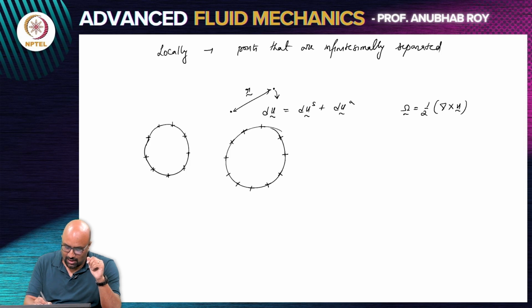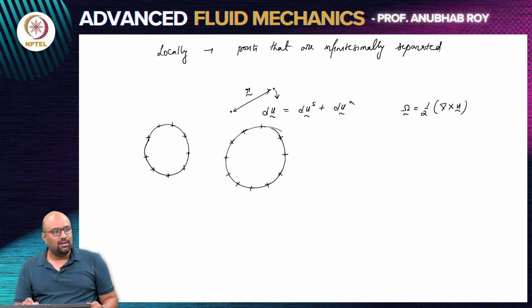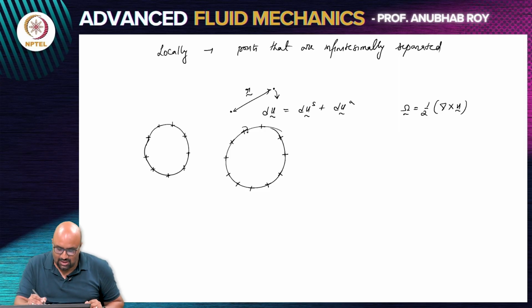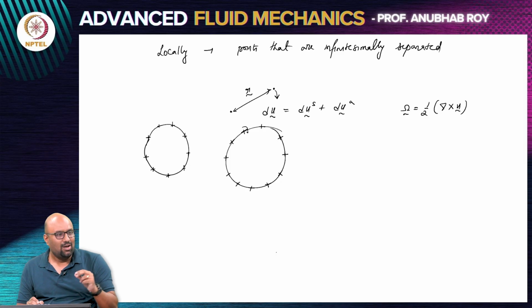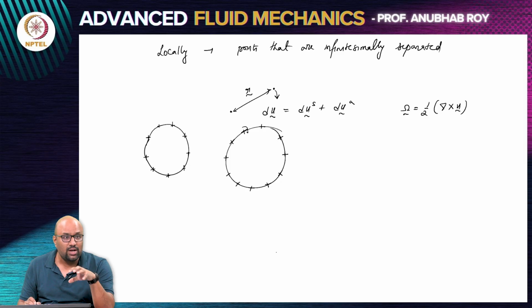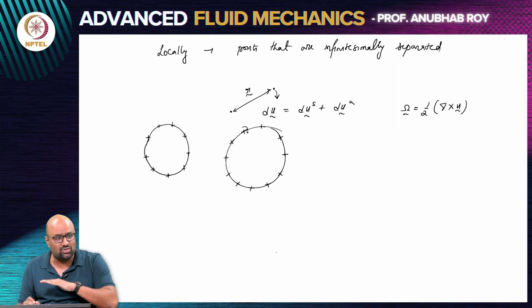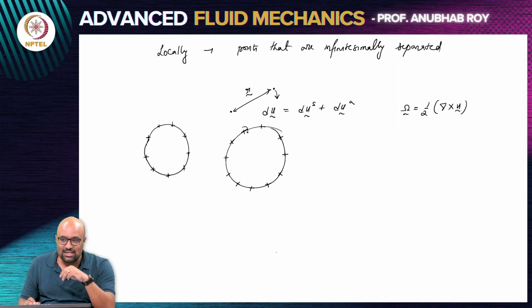Even here it makes a full circuit, but while making that circuit, it also experiences a local spin. There is a clockwise spin in the problem. So it doesn't matter what path the center of mass makes. What vorticity tells you is the local angular velocity. So distinguishing the two is quite important. We have basically learnt about streamlines. Whether streamlines are straight or curvilinear is not necessarily going to give you a feel for your vorticity.